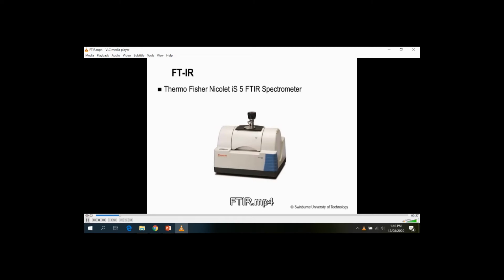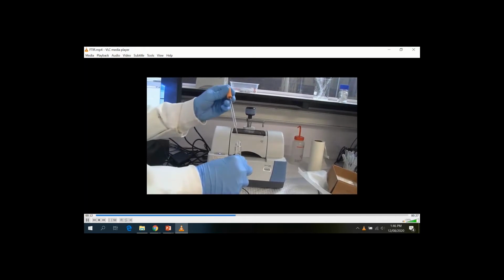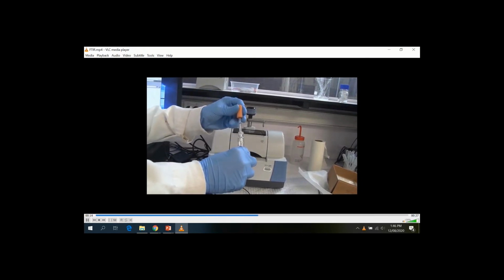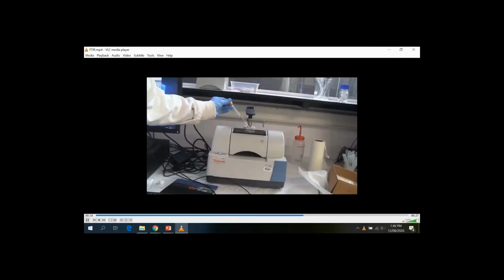Okay, so here is our infrared or FTIR machine. And the first thing you need to do before you run anything is do a background check. Then you load your sample. The really cool thing is you only need a tiny bit, just a couple of drops. Once you're ready, you select run and you end up with your spectra.